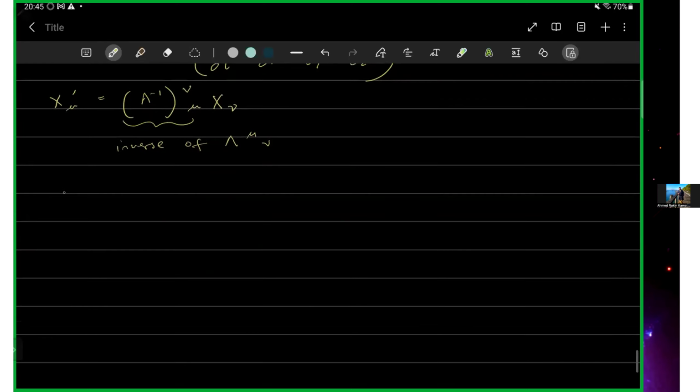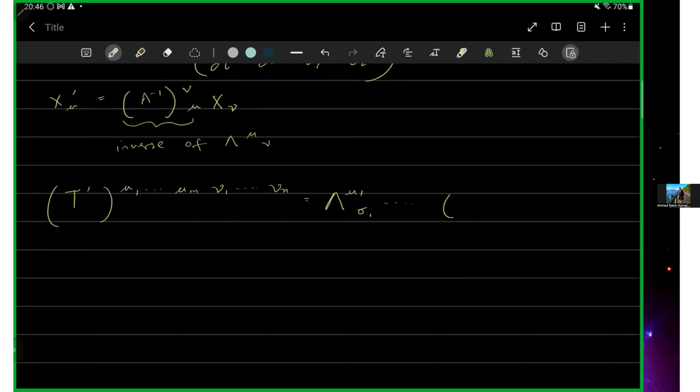And of course, if you have a tensor, T prime, that has indices mu 1 up to mu m, and let's say nu 1 to nu n, like this, then similarly you would have equal amounts of the Lorentz transformation matrices as such.